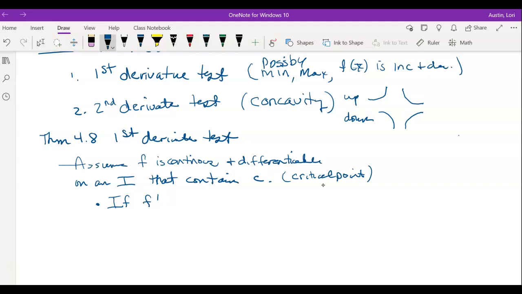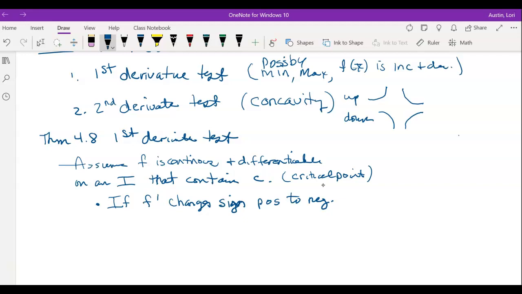So if f prime changes sign, and I had you doing this in the lab. We did a little last Thursday. Changes sign from positive to negative. Okay, so I want you to visualize that. f prime, that means it's the slope, right?